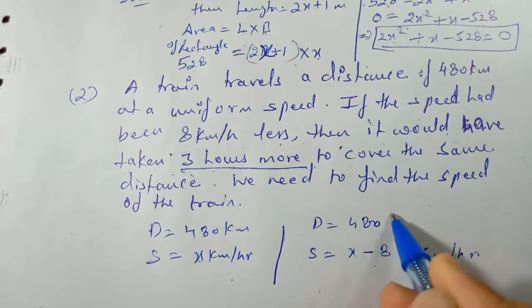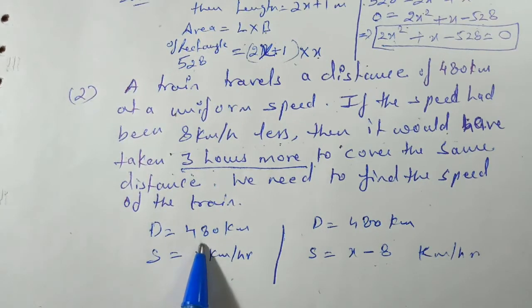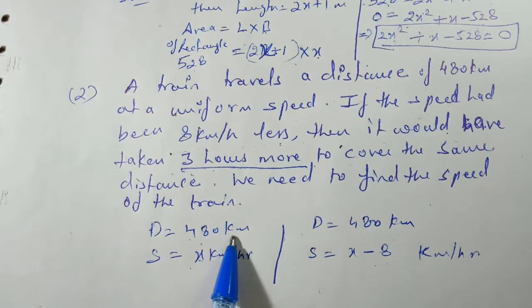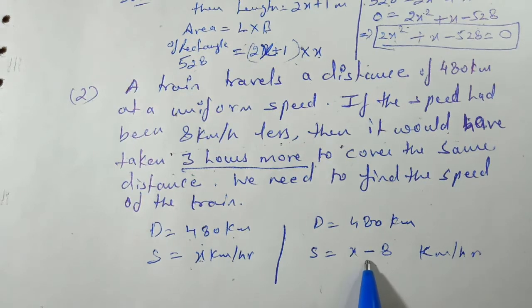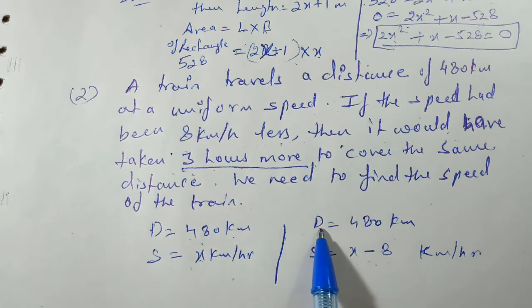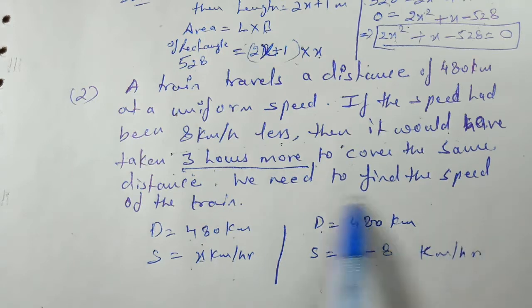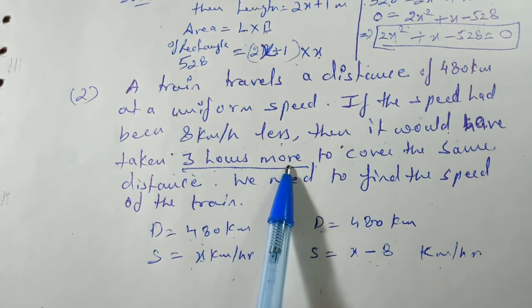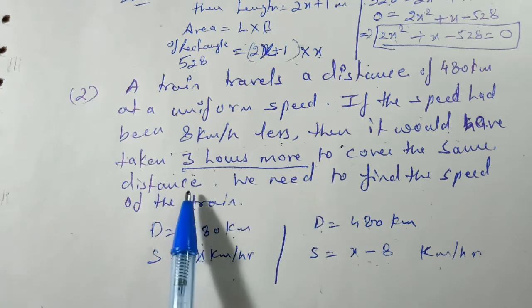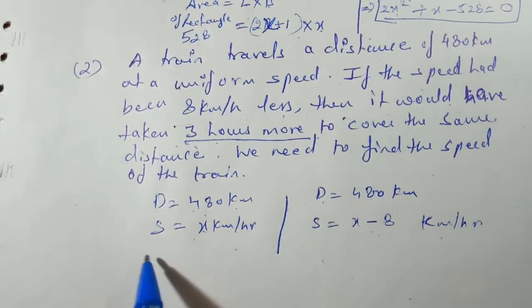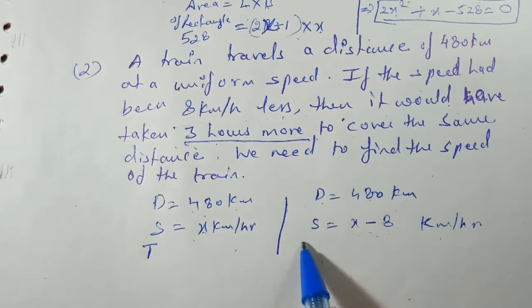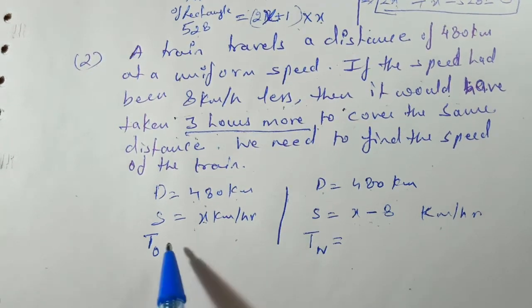The distance is the same, 480 km. When the speed is changed, 8 km per hour less, then to cover the distance of 480 km using this speed, it will take 3 hours more. So let us denote the original time and the new time.